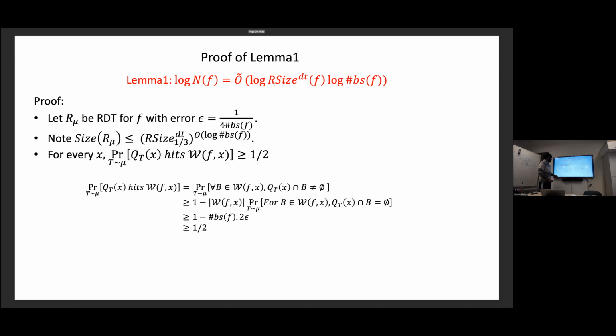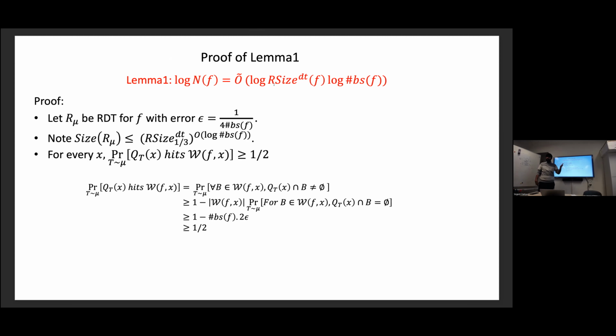So again, if you take a randomized decision tree for an input x, we saw that a sensitive block must be hit with probability 1 minus 2 epsilon. Right. So what is the probability that you hit every minimal sensitive block? The probability that you miss some sensitive block is at most 2 epsilon times the number of minimal sensitive blocks, which is bounded by block number.